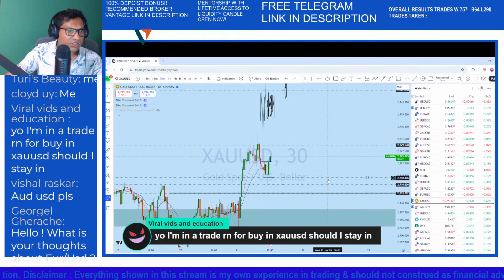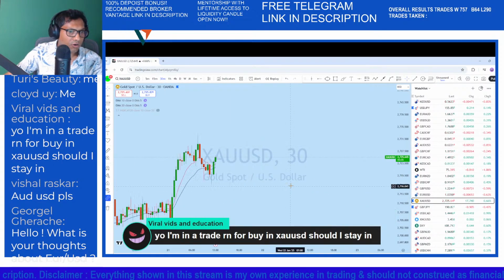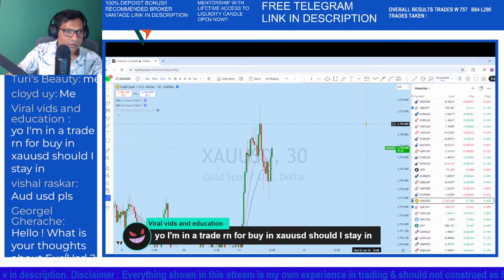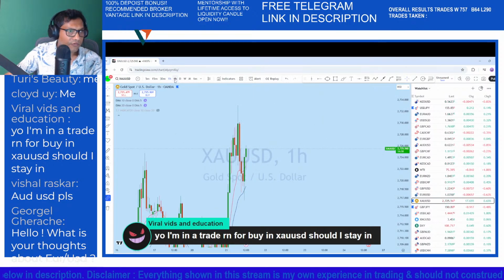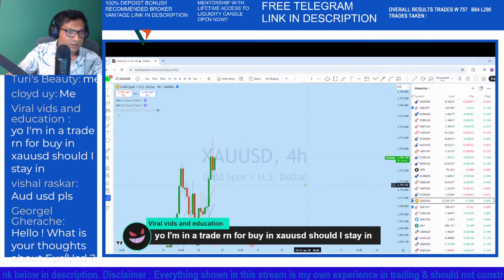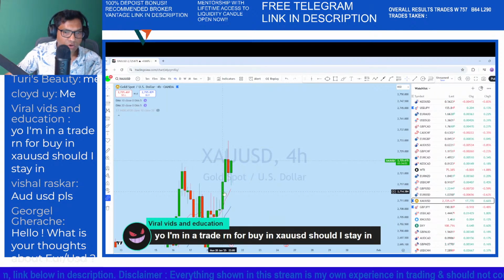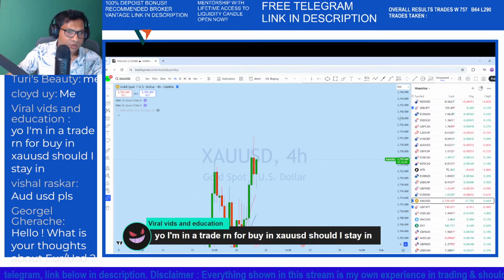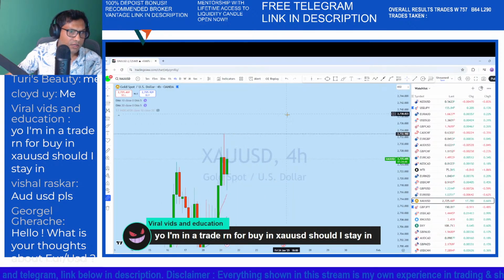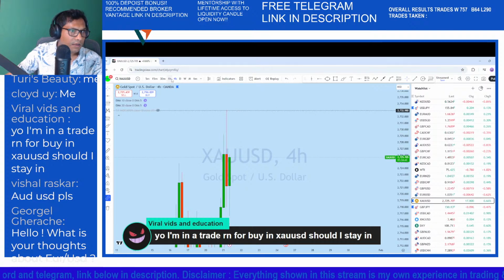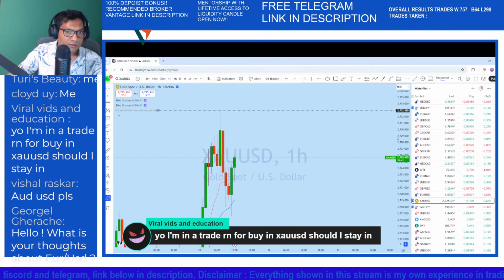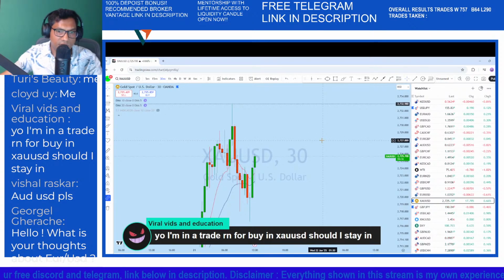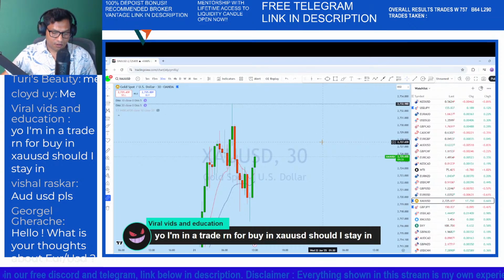And XAUUSD in the meantime, deleting all this data to see how it is doing. This is the 4 hour, and from the 4 hour perspective, we can see the market is bouncing back up to create a new higher high to see where the market might be heading. Then the 30 minutes and the lower time frames on this market.